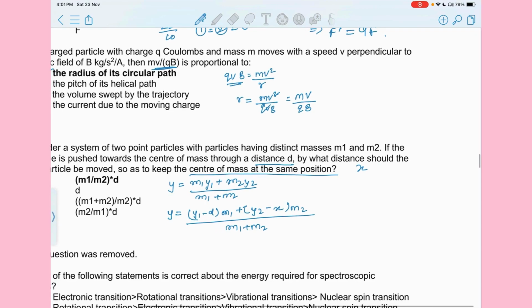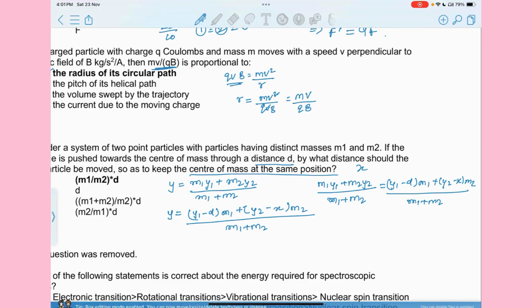We need to equate these because y is equal on both sides. This will become m1 y1 plus m2 y2 upon m1 plus m2 equal to y1 minus d m1 plus y2 minus x m2 upon m1 plus m2.